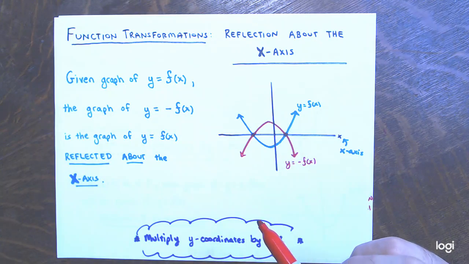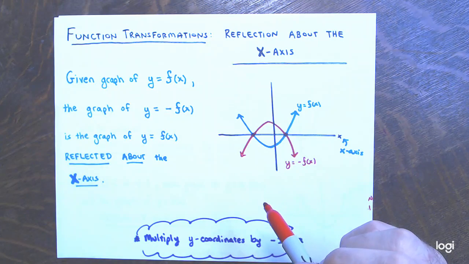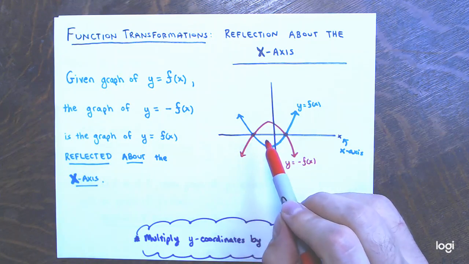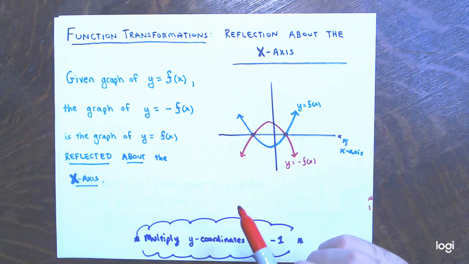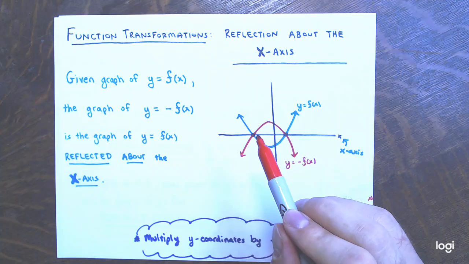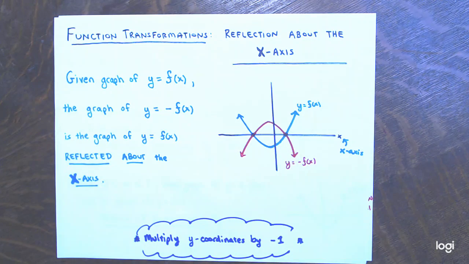And just as when I talked about multiplying by a positive number on the previous page, x-intercepts are not affected. Your x-intercepts on the blue and the red graph are the same points, because when you multiply 0 by any number, it's still 0. So those are the transformations we're going to need to know about to get into my examples here.